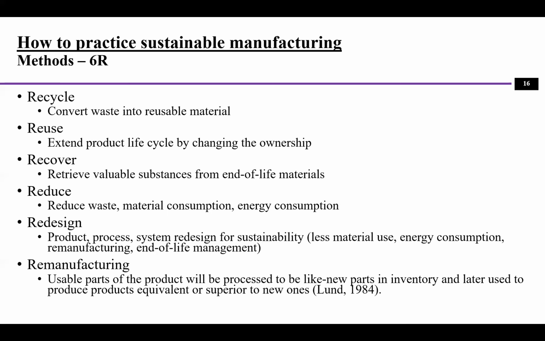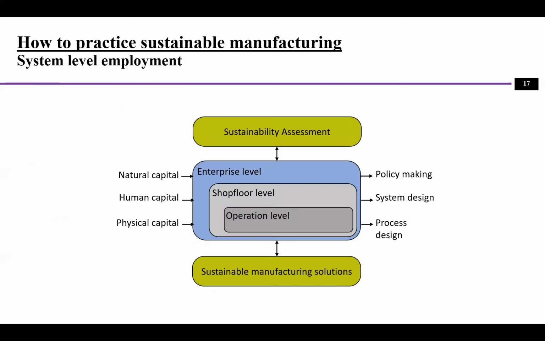And the next one is remanufacturing, which means that some of the parts of the product can actually be processed to be like new parts, right? This is also a good way to save materials and lower your environmental impact and also the cost, as they are all related.